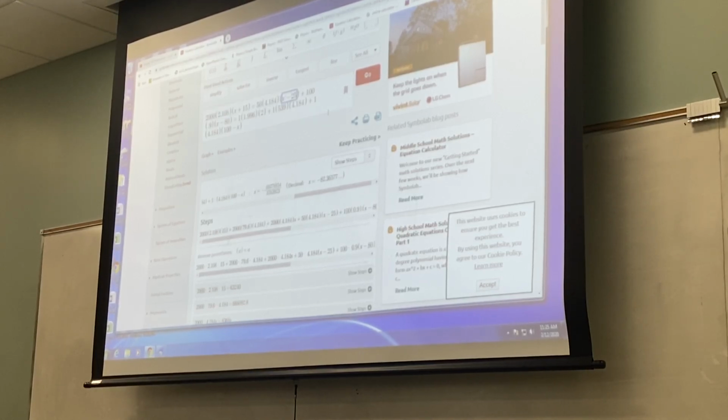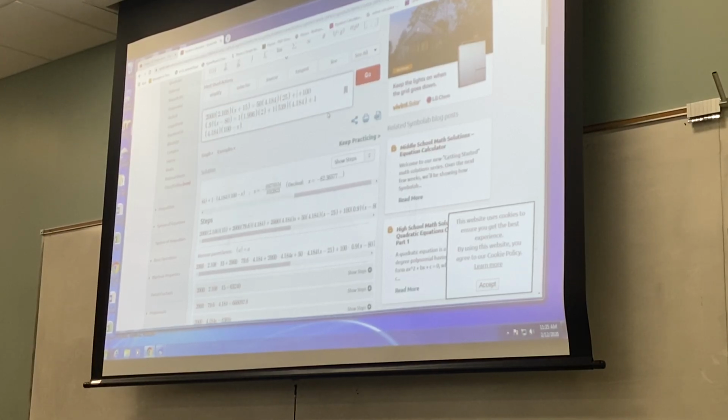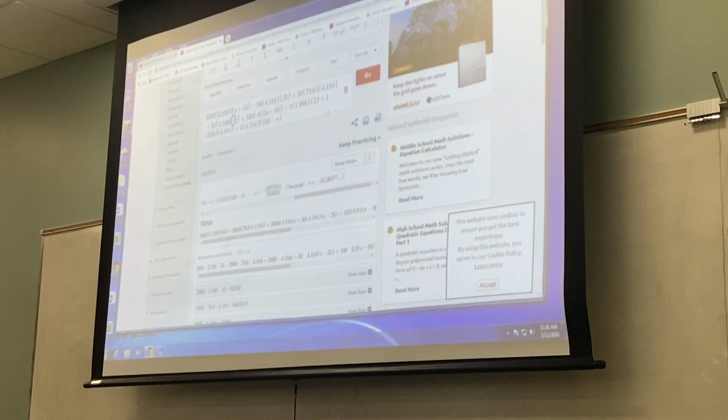Change this to what? 25 plus what? 50 times what? 79.6 times 4.184, the conversion, plus what? 50 times 2.106 times what? Negative X. That negative X is kind of a tricky part, right? 50 times 2.106 times negative X.